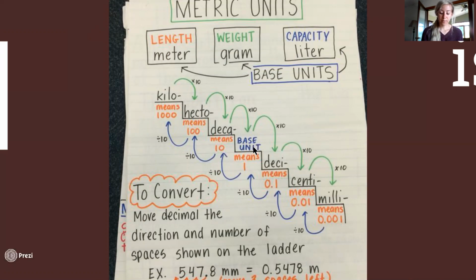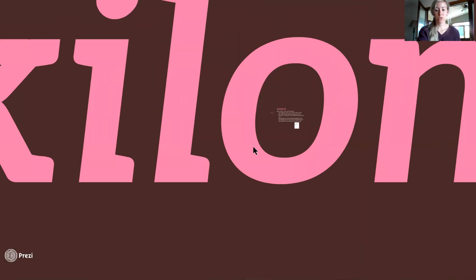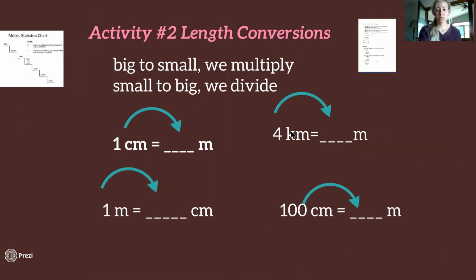So 4, 1, 2, 3. Let's see if you can see this. 4, 1, 2, 3 to the right. That gives us 4,000 meters. 4 kilometers is equal to 4,000 meters.